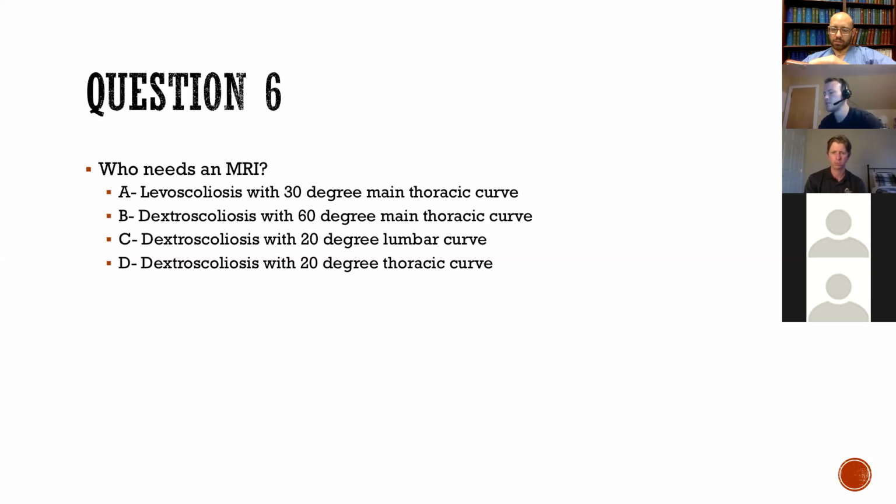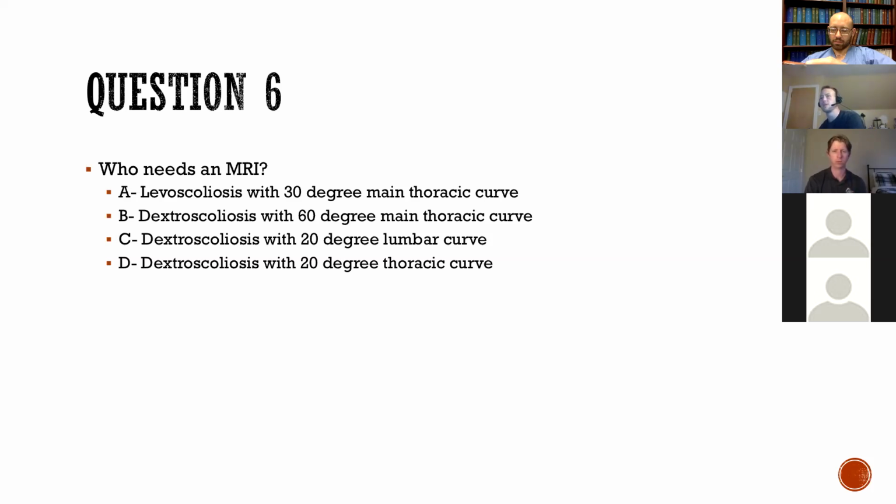So Jason, can you clarify? One of the things that confused me early on is, how do you define the side of the curve? Is it the concavity? Is it the convexity? Is it the apex? Which one is the side of the curve? It's the convexity of the curve, and so essentially it's which way it goes.